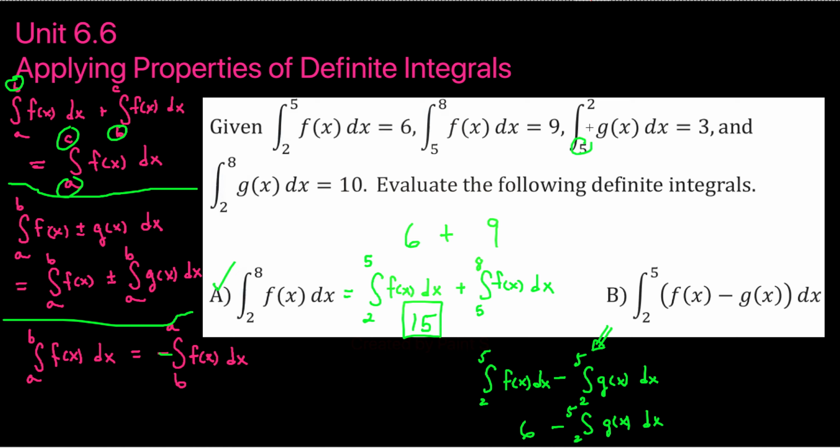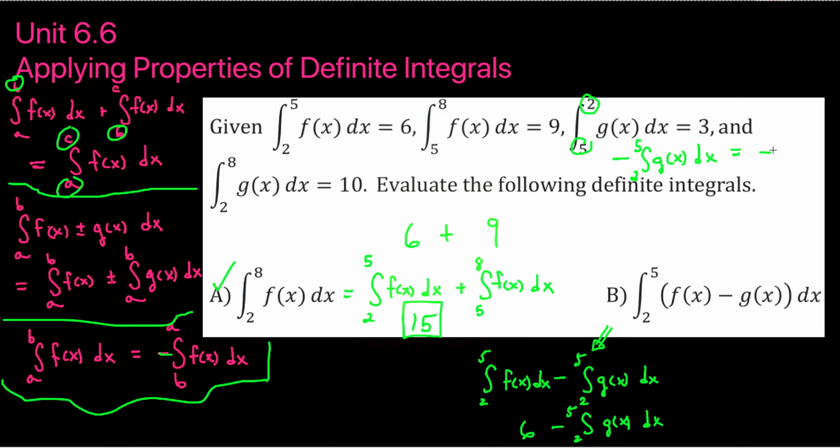Now that's from 5 to 2, so I use the third property: if I switch the bounds, it just becomes the negative of the original. That means the integral from 2 to 5 is equal to negative 3.